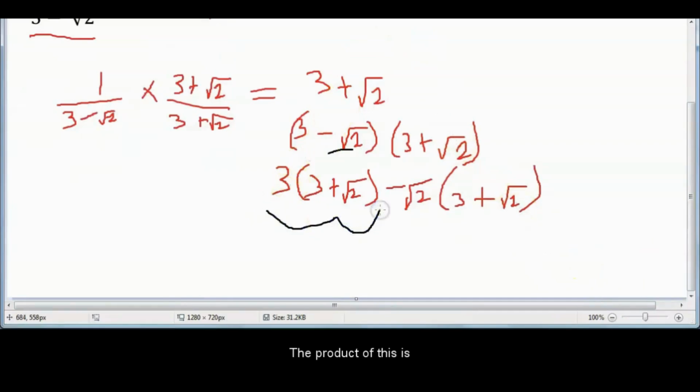The product of the first is 9 plus 3 root 2.